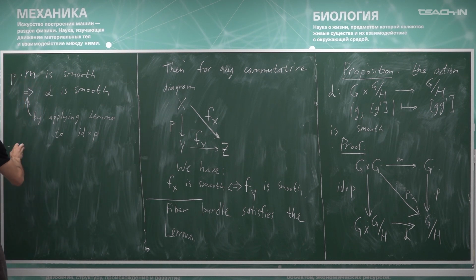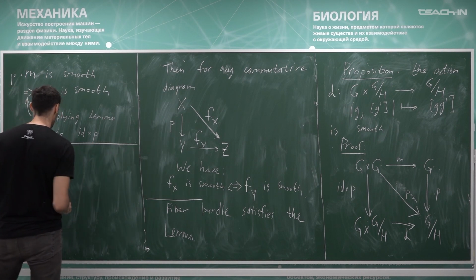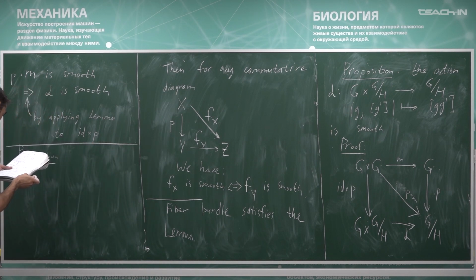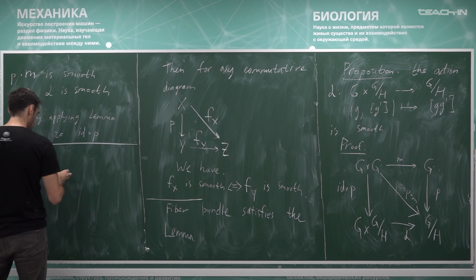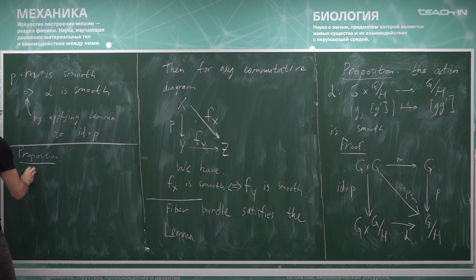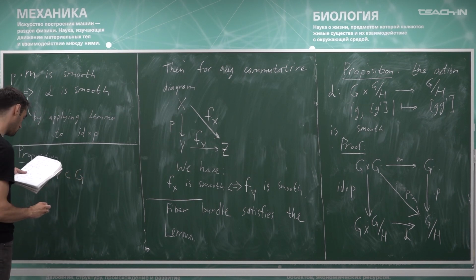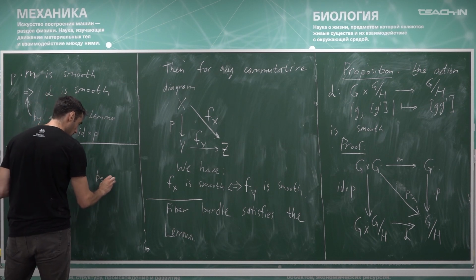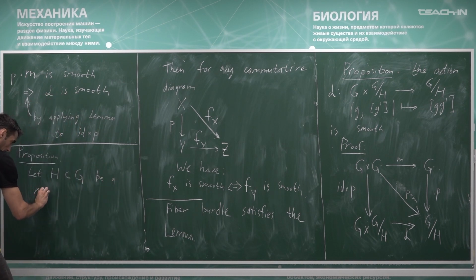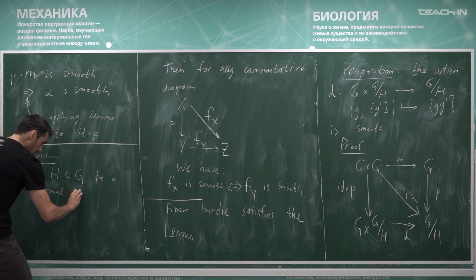But let us also prove the following proposition. So suppose, let H inside G be a normal Lie subgroup.